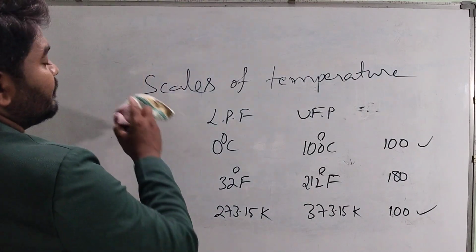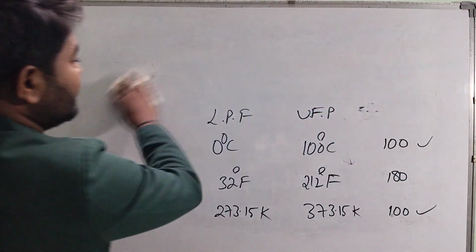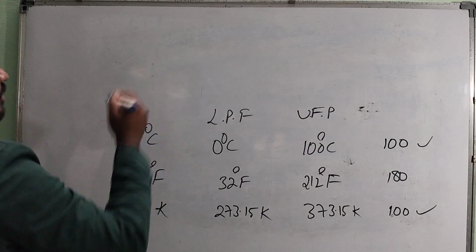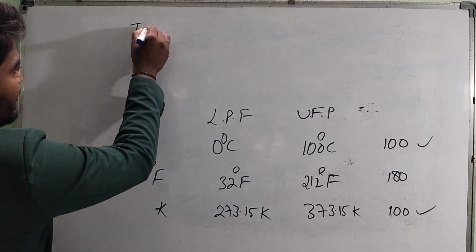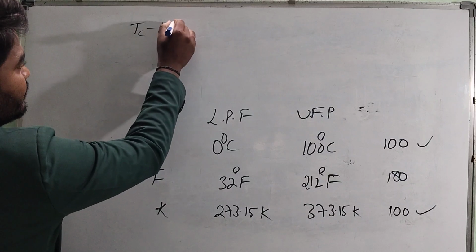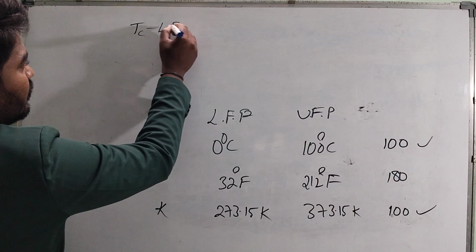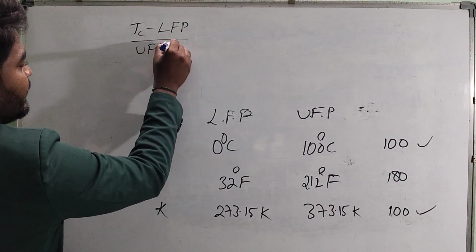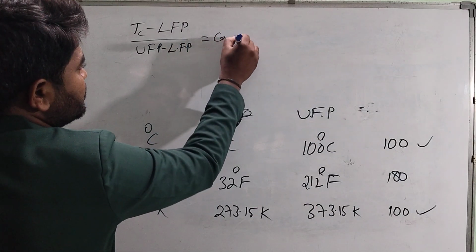For example, if I want to convert temperature from degree Celsius to Fahrenheit, then the formula is: temperature in Celsius scale minus lower fixed point, divided by upper fixed point minus lower fixed point, equals a constant.